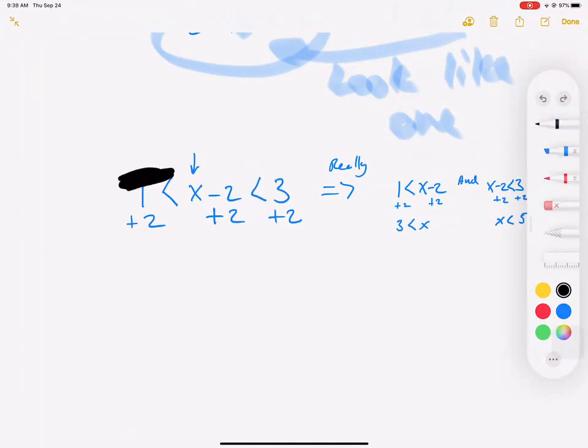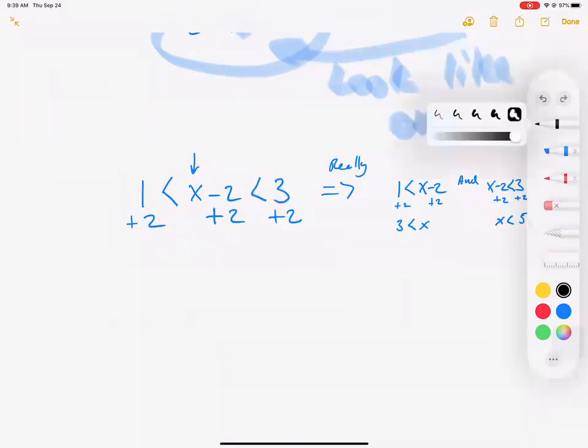Cover up the left side. Isn't that just the problem on the right? Wouldn't we have added 2 to solve for the right part? Let me say this again: to solve a compound inequality, if you're not sure what to do, cover it up with your hand. We were going to get rid of that too. So we add 2 to one side, and if we add 2 to one side, we add it to both sides.